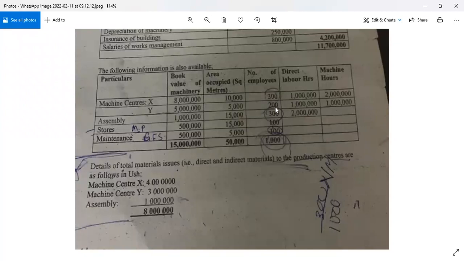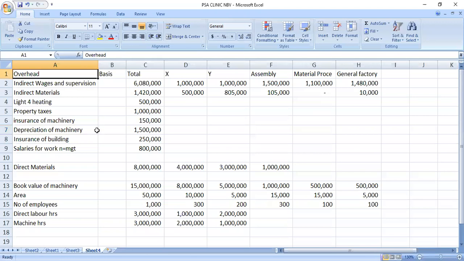So let's look at the worksheet. I tried to transfer the information into the worksheet, and this is how it looks now. You have the overhead, the different cost centers, then the different expenses. Then you had another dispatch on direct materials where you had 8M, and it was split as such.